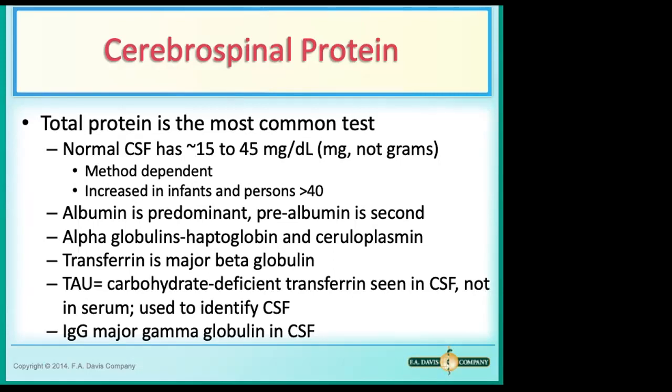Do we find the same low molecular weight chemicals in the CSF that are found in the plasma? But there is this filtration process, and it is actually a selective process, and the chemical composition is controlled by the blood-brain barrier. So the reference values for CSF chemicals are not the same as the plasma values. They're very different, in fact.